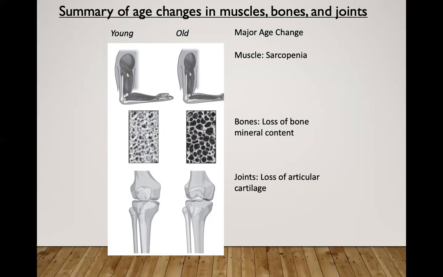And for those of you who are exercise physiology or exercise science, you probably have had this word thrown at you so many times throughout your process. For those of you who have never heard of this word, you are now introduced to it. Sarcopenia is when we start to see that change in our muscle mass as we grow older. Where you can see with a young individual, that would be the arm.